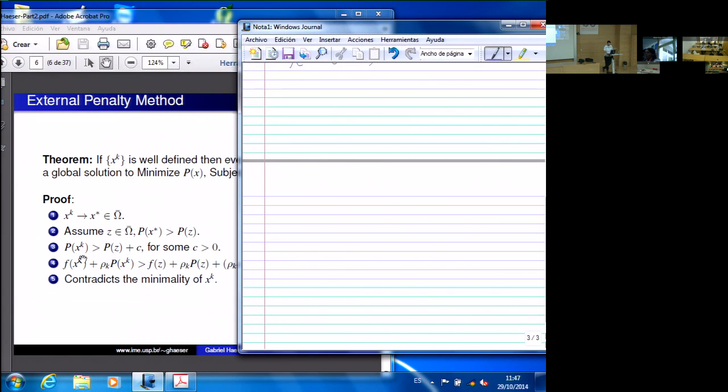Then you can find this constant c, a positive constant, so that p of x star is strictly larger than p of z plus some positive constant c.